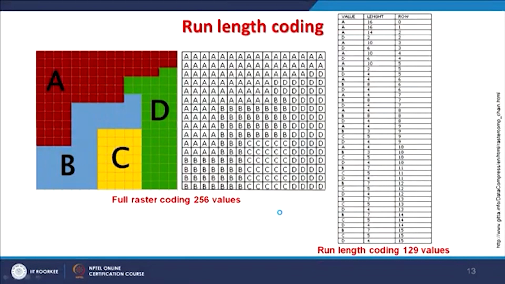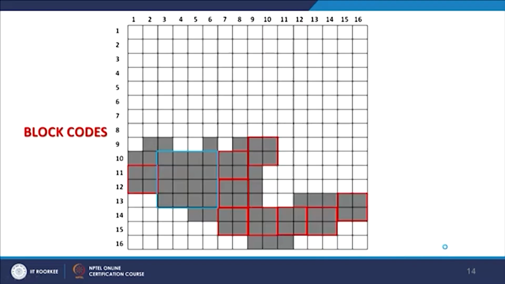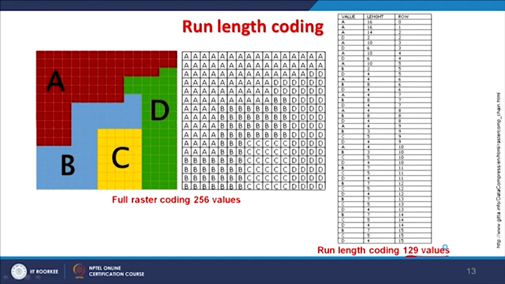Another example of run length coding is given here, that you can have a full coding for this entire image, and the table will store all that information also. Here the run length coding values are 129 values, instead of 256 values if we store in raster form.